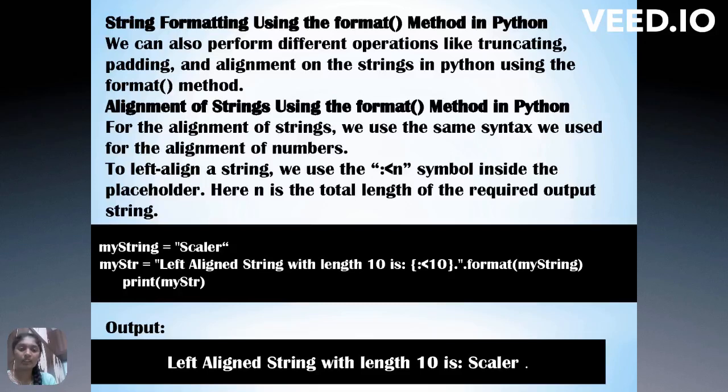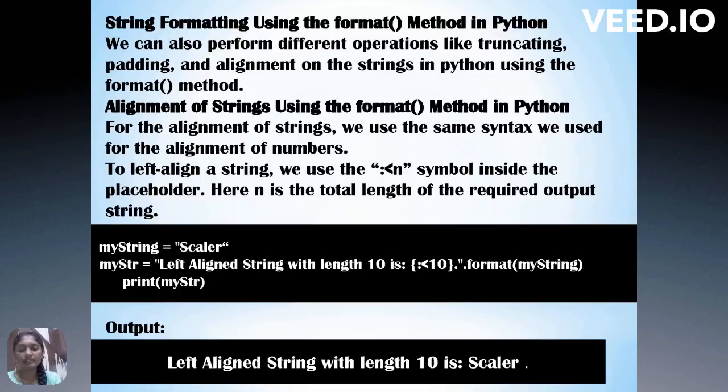For the alignment of strings, we use the same syntax we also use for the alignment of numbers. To left align a string, we can use the greater than n symbol inside the placeholder. Here n is the total length of the required output string.